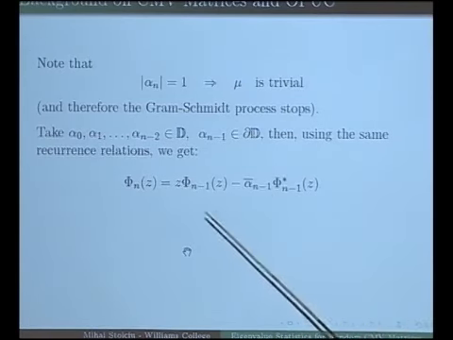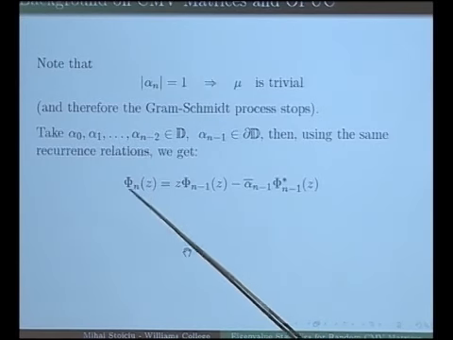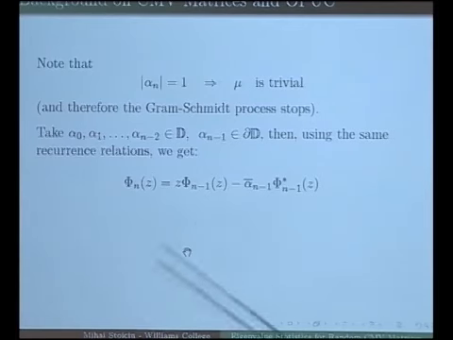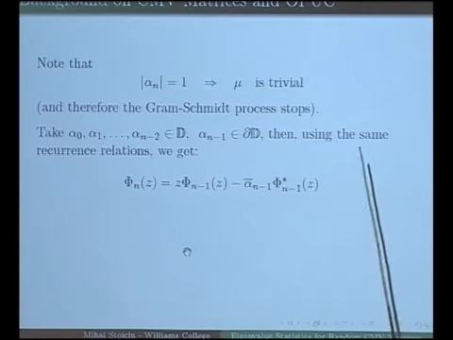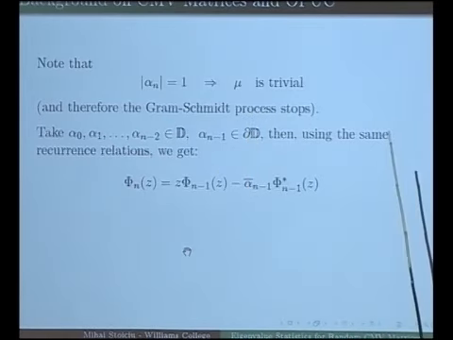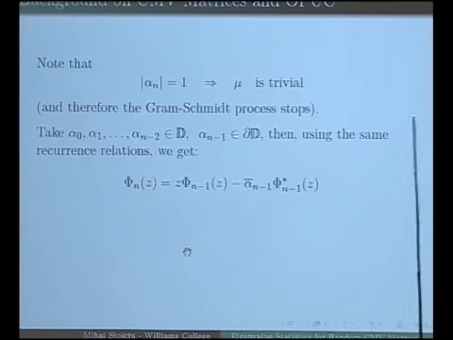Now, if alpha 0, alpha 1, alpha 2, up to alpha n minus 2 have absolute value less than 1, and the last one has absolute value 1, this is not an orthogonal polynomial corresponding to a measure. But it's called a para-orthogonal polynomial.